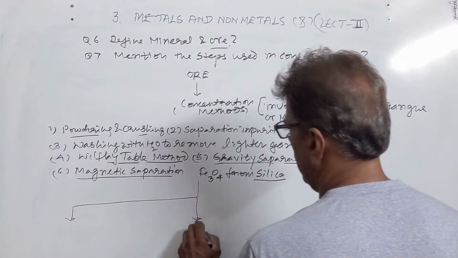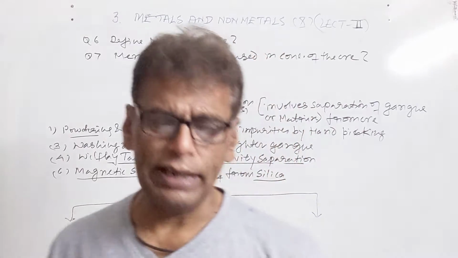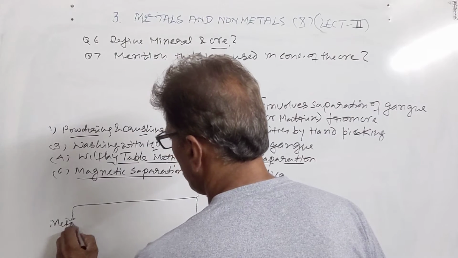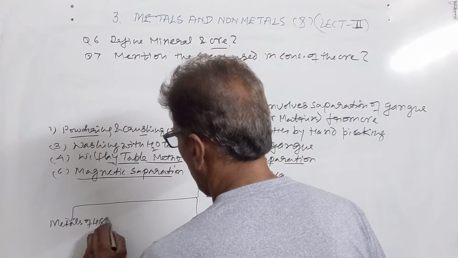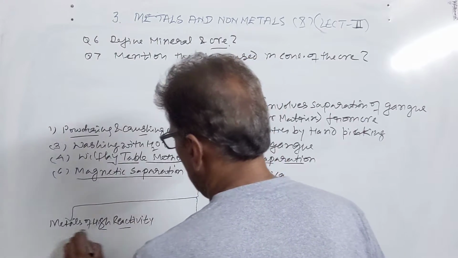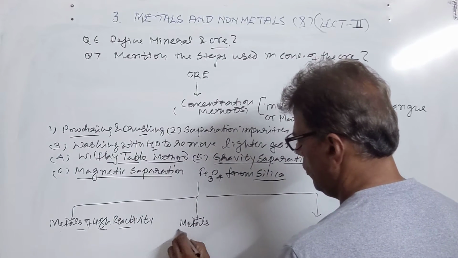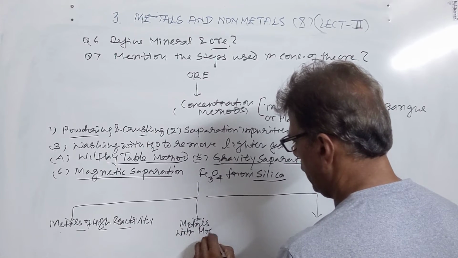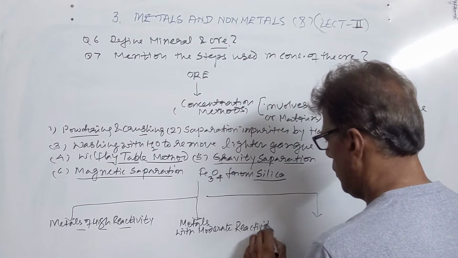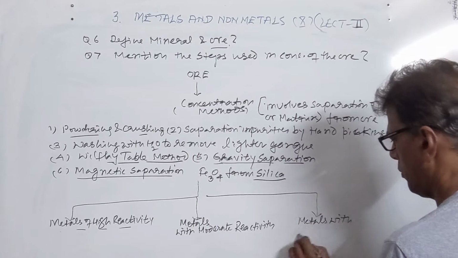Now after concentration we have to extract metals. How do we extract metal from the ores? We have three columns here: metals of high reactivity, which are metals like zinc, iron, nickel, etc.; metals with moderate activity; and metals with low reactivity.